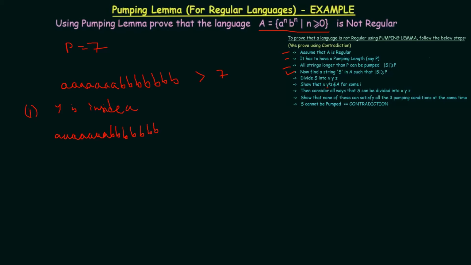Let's say this 4 is my Y. So this is my X and this thing is my Z.